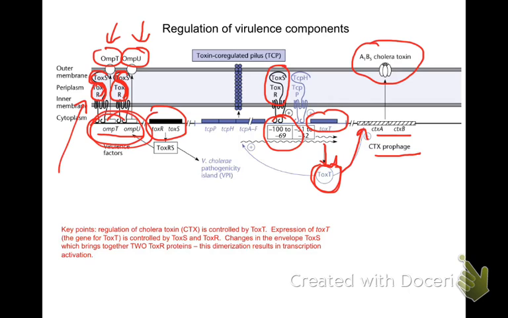So it's sort of directly sensing what's happening in the environment and what's happening in this area that we call the envelope, which is the outer membrane and the periplasmic space and the inner membrane, so that it can relay that information into the expression and activation of ToxT. ToxT then activates production of the cholera toxin.